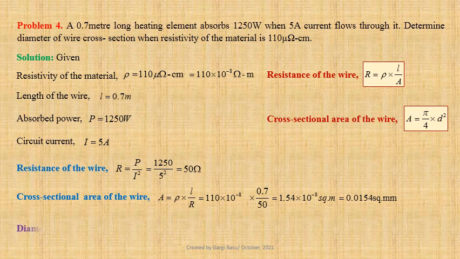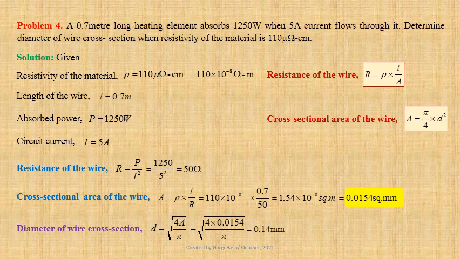Therefore, diameter of wire cross-section d equals root over 4 times A divided by pi, that is equal to root over 4 into 0.0154 divided by pi, that gives us 0.14 millimeter.